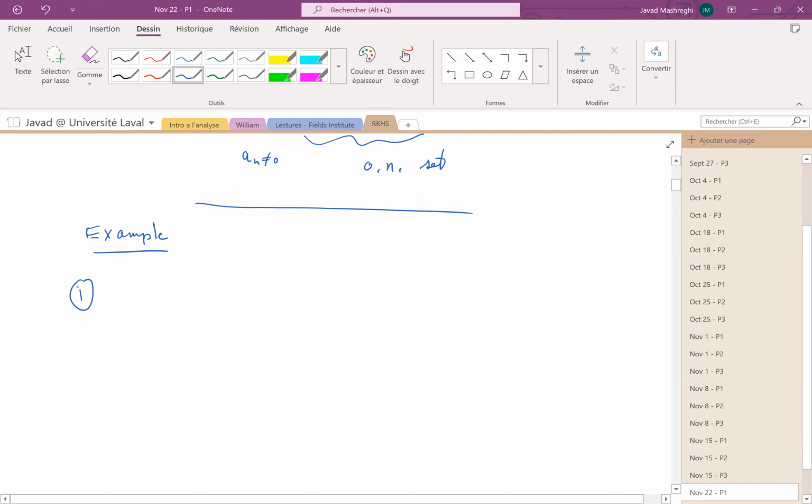First example, we consider the power series P(z) equal to the sum from n equals 0 to infinity of just z^n. All a_n are equal to 1, or if you wish, 1 over 1 minus z. In this case, R is equal to 1.